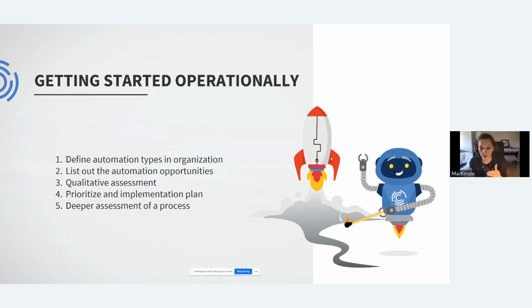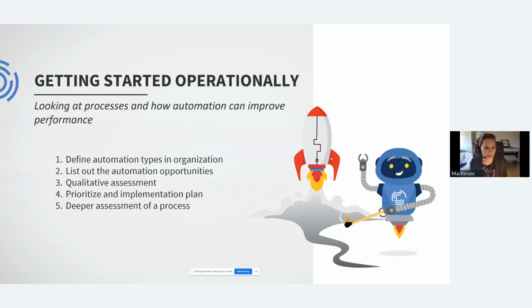So you're able to pick your key processes and drill down more. At a high level, you need to look at where the opportunities for improvement of performance are, find a way to rank them based on what the opportunity might bring, and then work on implementing those ideas.